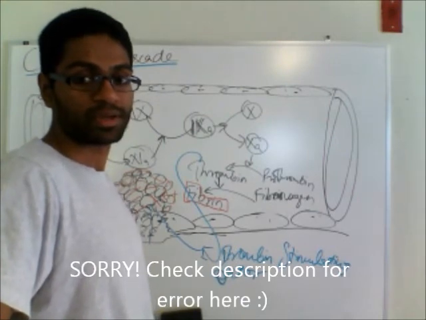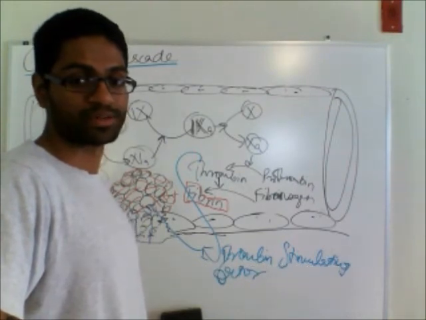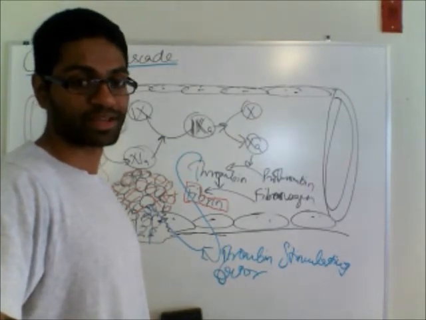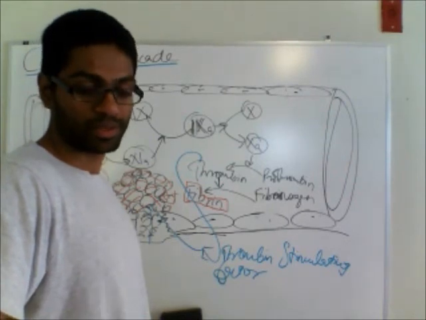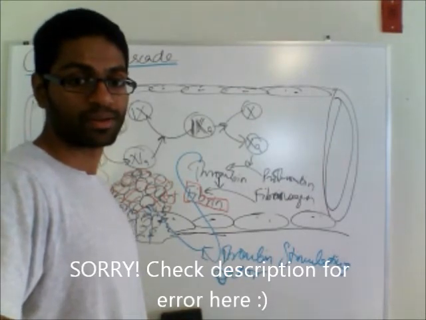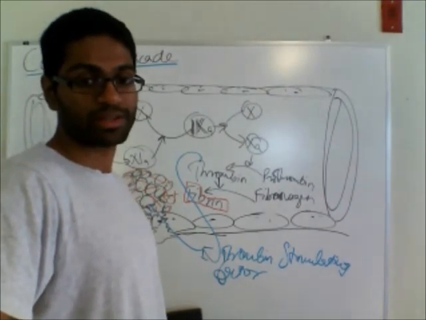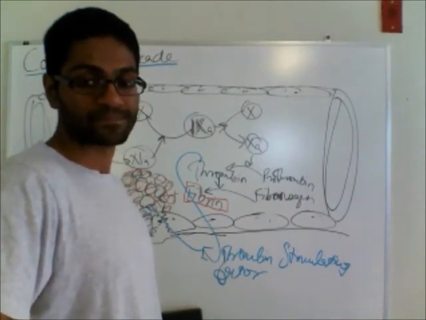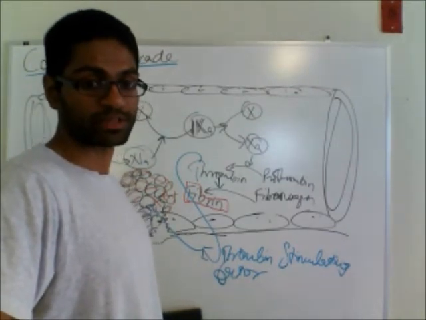Another name, yeah, it's actually factor 13. Okay. It's called transglutaminase, or factor 13, or thrombin stimulating factor. Now, can you tell me how this thrombin stimulating factor, or transglutaminase, or factor 13, whatever you want to call it, helps the fibrin stick together?